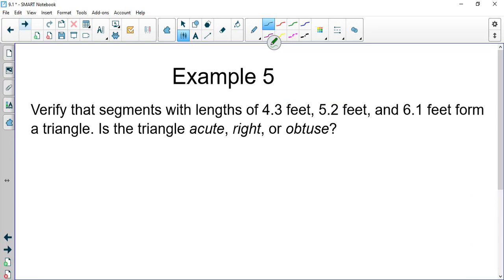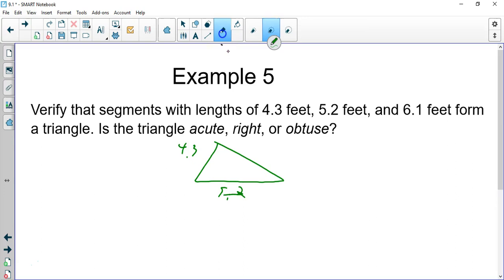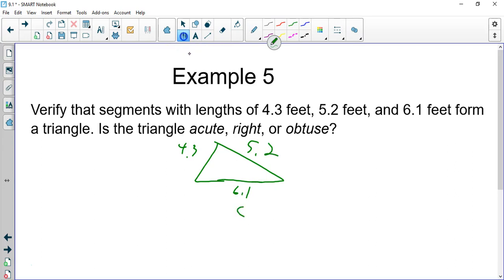So, we have a triangle with sides 4.3, 5.2, and 6.1. Sorry, 6.1 should always be the longest side, obviously. So that is our suspected right angle, our hypotenuse.